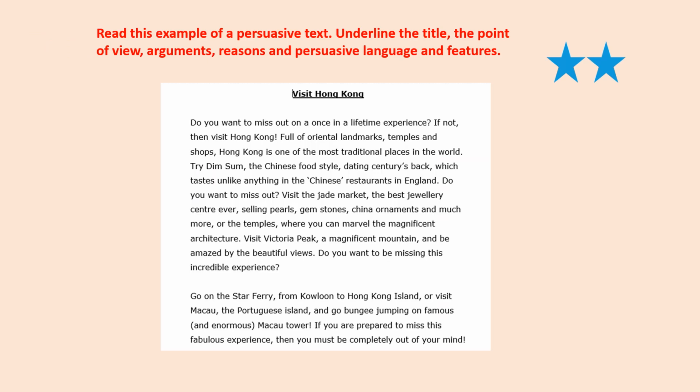The 2-star activity, you read this example of a persuasive text, just like we did, and you underline the title, the point of view, the arguments, the reasons behind the arguments, and any persuasive language or features that you notice. And remember, you may not notice every single feature in this persuasive text, but the ones that you do, you can point it out.